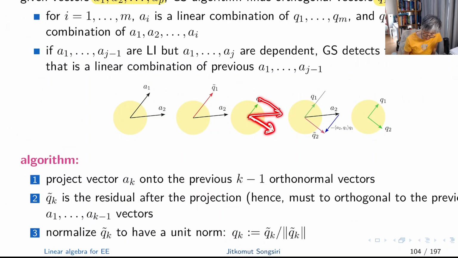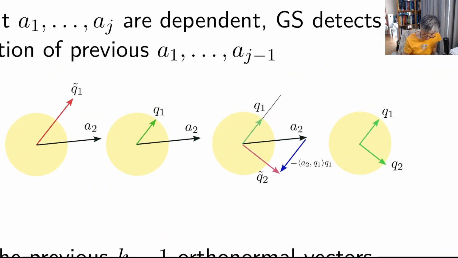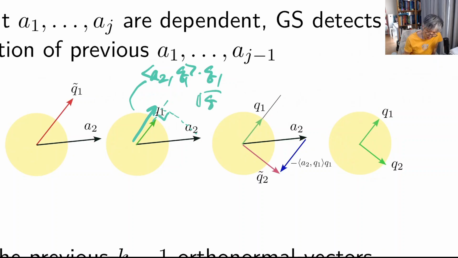The residual is assigned as q2 tilde. So what is the projection again? Let me write it down. The projection of a2 onto q1 is a2 inner product with q1, multiplied by q1. You don't need to normalize it because q1 already has unit norm.